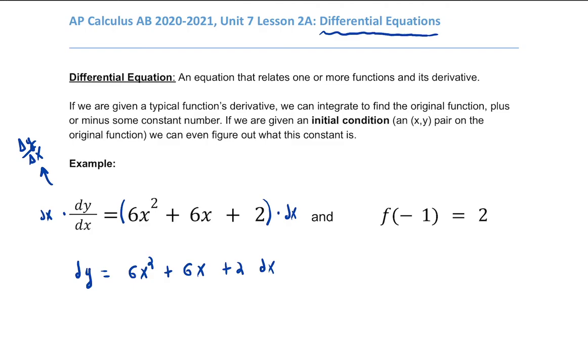And now, why did I do this little trick? I did this little trick because now, like I can do with any sort of operation I have in math, as long as I do the same thing to both sides of an equation, it's an allowable operation.